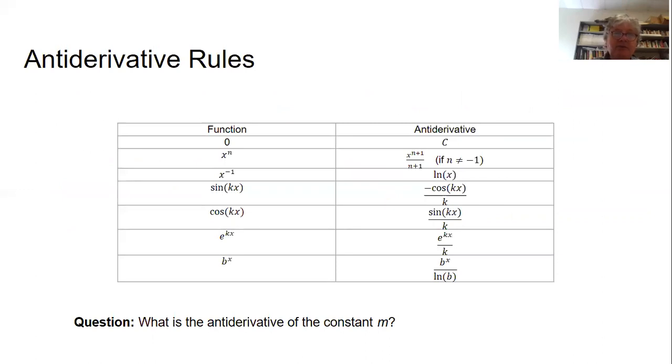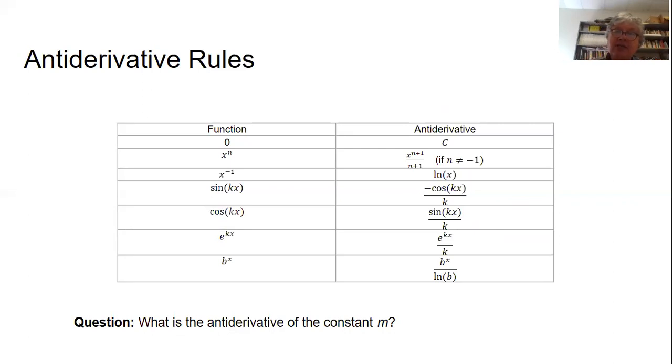And so we have our derivative rules, so that gives us our antiderivative rules. Okay, so we know the derivative of c is 0, so that means the antiderivative of 0 is c. We have a power rule, right? Because what happens when we take the derivative? Down comes the power and we subtract 1 from the power.